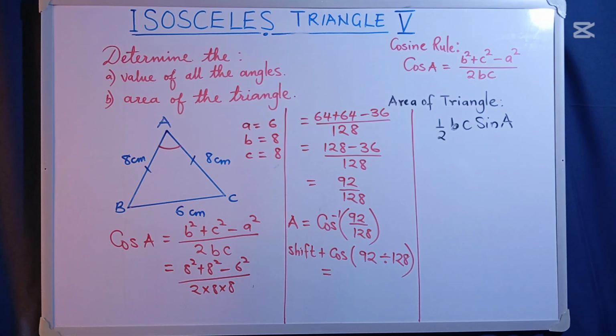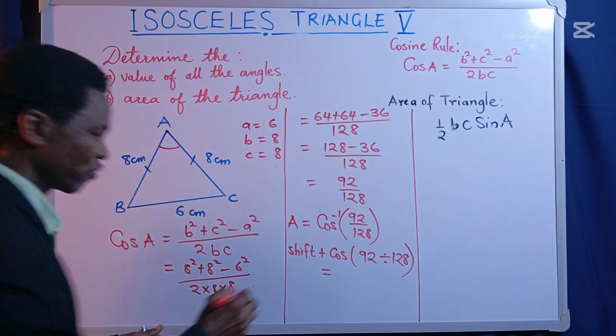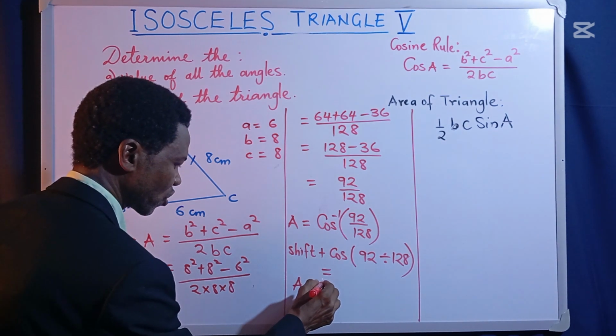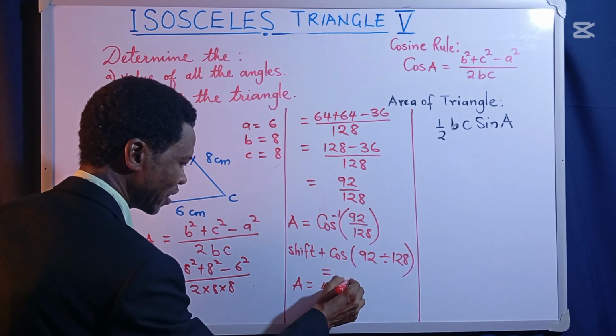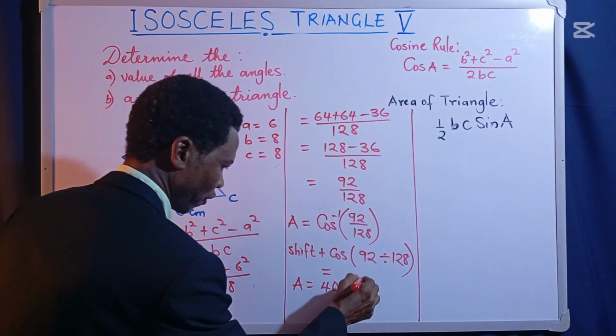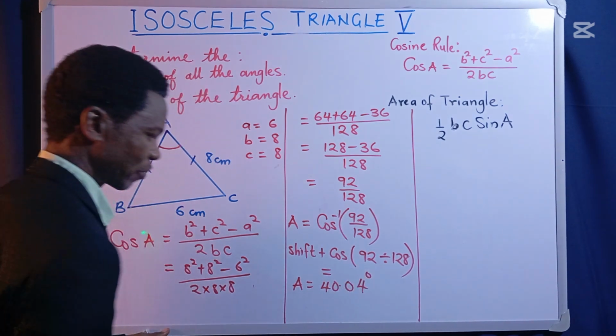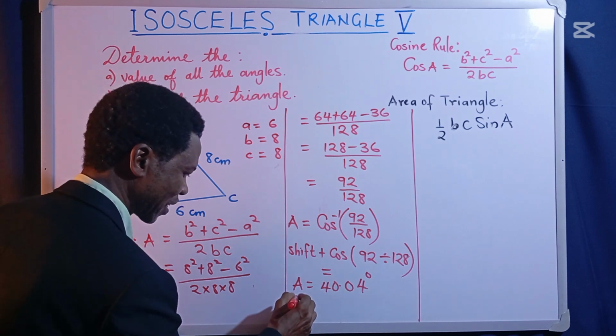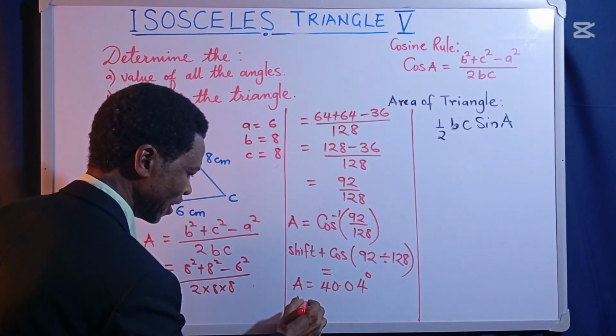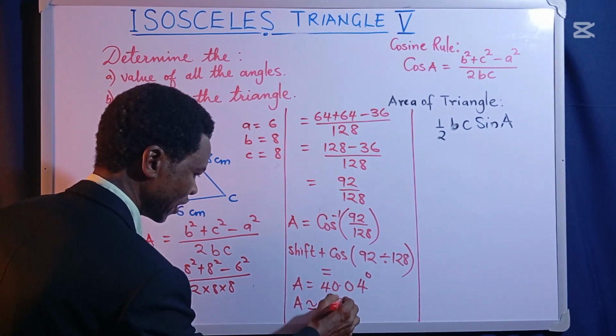If you press that on your calculator, it's going to give you A equals 40.04 degrees. So A is approximately 40 degrees.